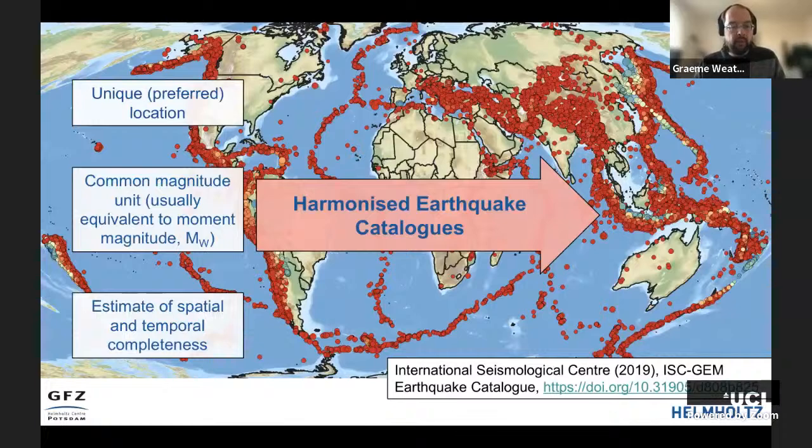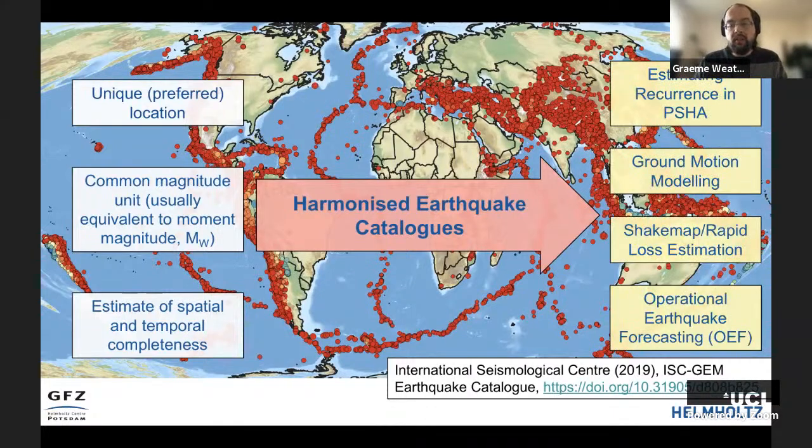And by completeness, what I really mean is the magnitude above which we are certain, or at least highly confident, that our catalogue is capturing every single earthquake that has occurred in that time period or in that spatial window. And there are many uses of this. We're going to focus today mostly on the characterization of earthquake recurrence in PSHA. If we want to try and characterize this magnitude density function, we need a harmonized catalog to do so. But it's also important in ground motion modeling.